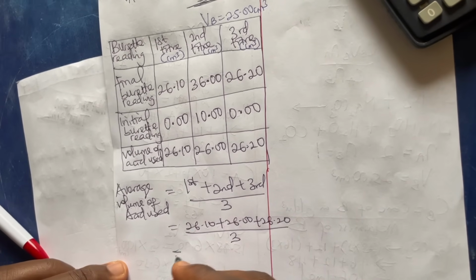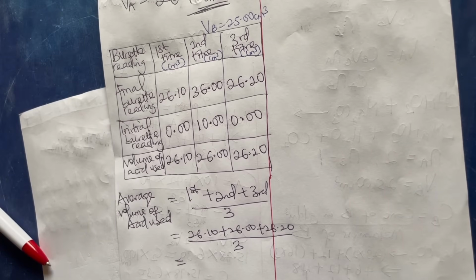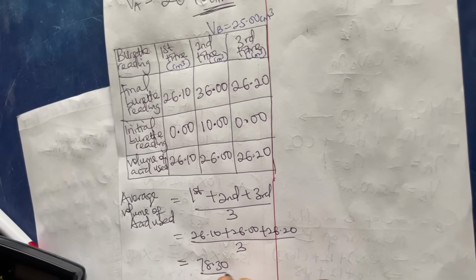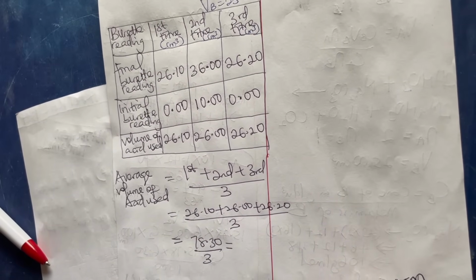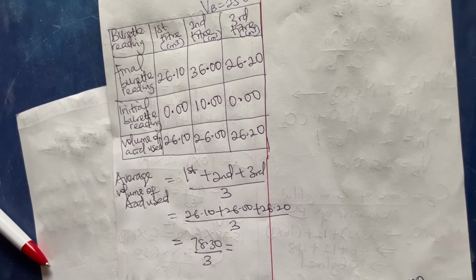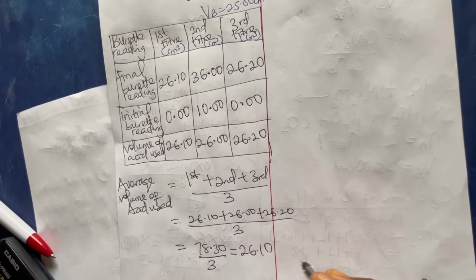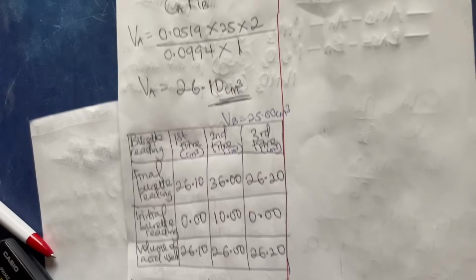If I do the arithmetic, that gives me 78.30 all over 3, and that gives me 26.10. So that is 26.10. Don't forget to put your units, centimeter cube. So we are done with the titration.